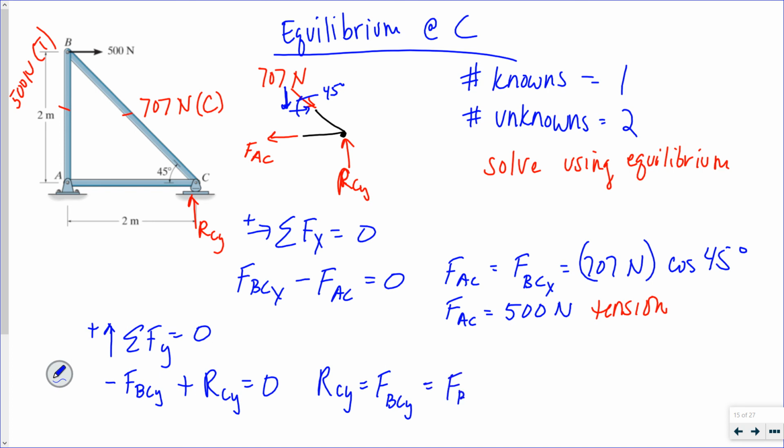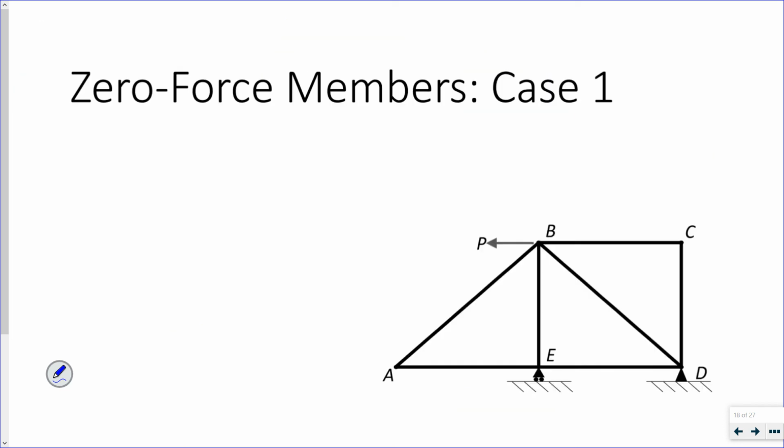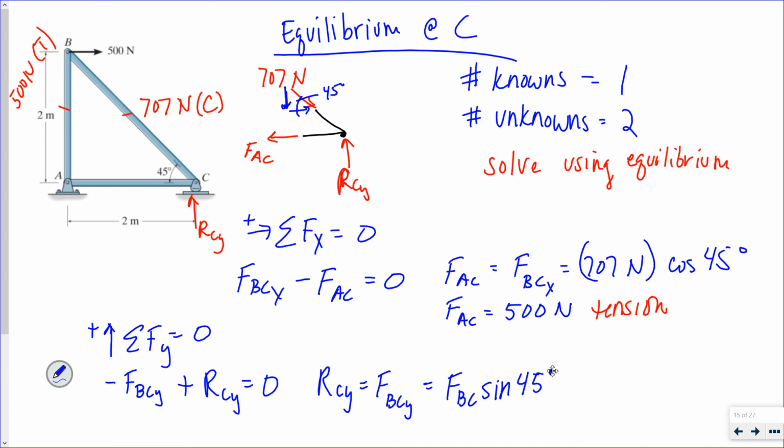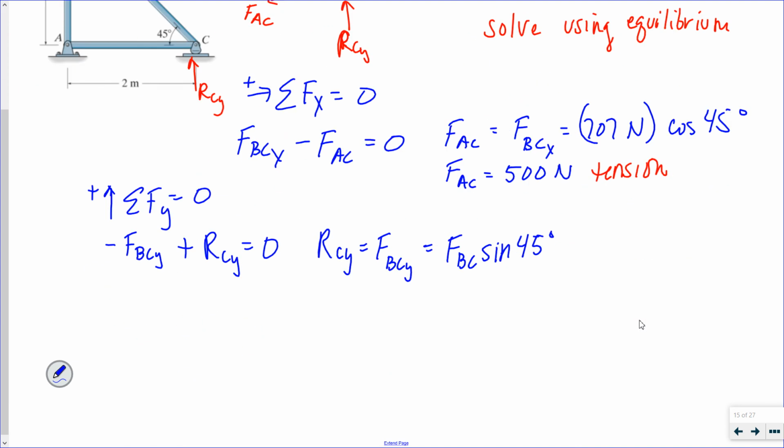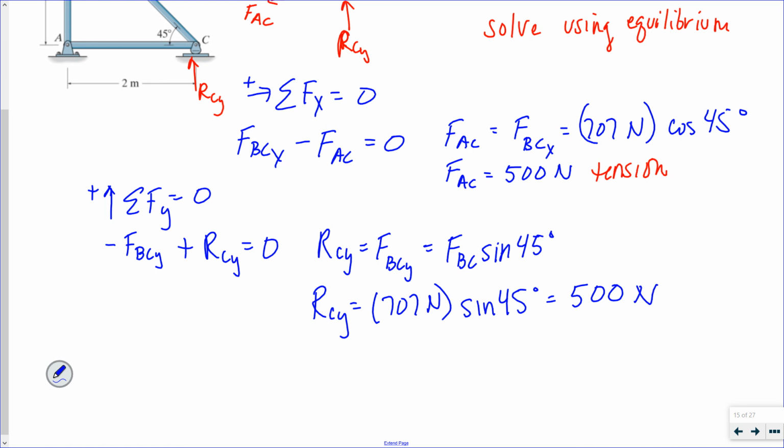So that's FBC times sine 45. So my reaction at C, my vertical reaction, is 707 newtons times the sine of 45 degrees. Maybe you have figured out by now that's 500 newtons up, right?